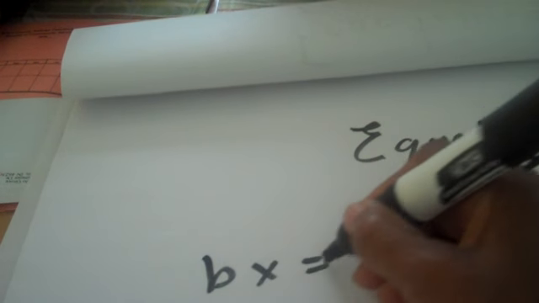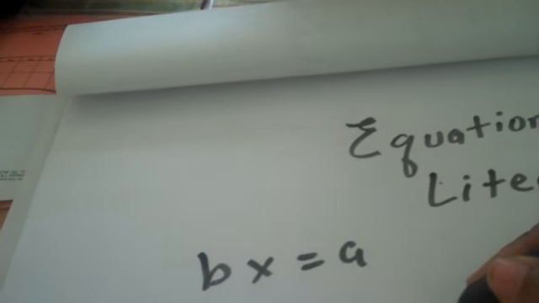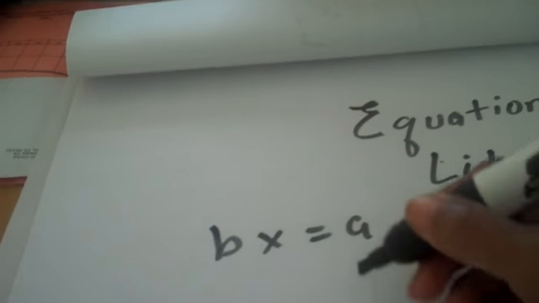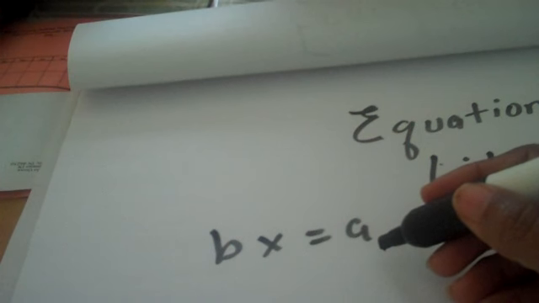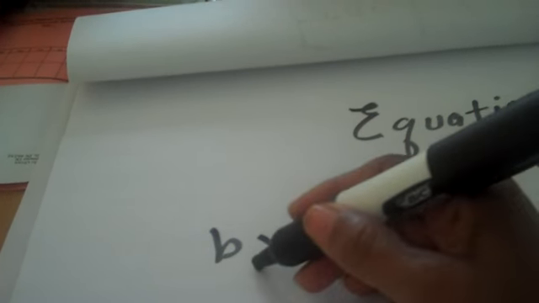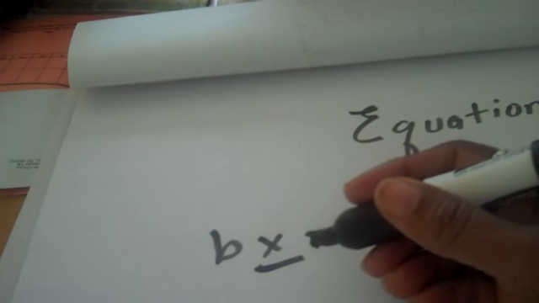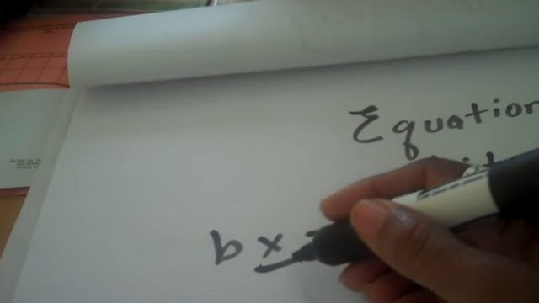bx equals a is a literal equation because b is a variable, x is a variable, and a is a variable. To solve this, we decide which one we're going to solve for. In this case, we're solving for x. So that makes b the coefficient of x.